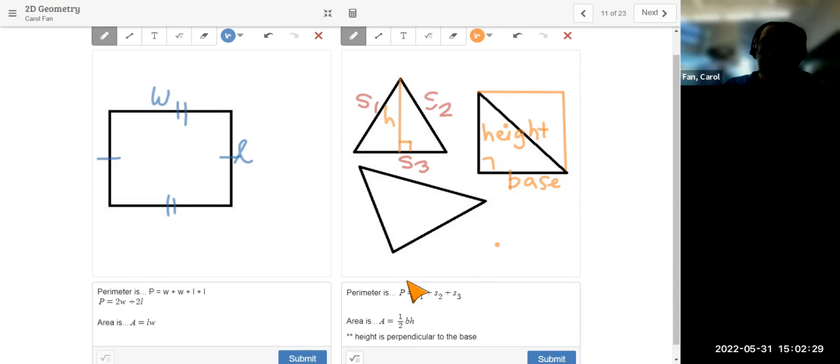Now in a triangle like this, you could use, let's say you were using this as your base. Then we need to have a height that is perpendicular again. So just remember, the height always has to be perpendicular to the base.